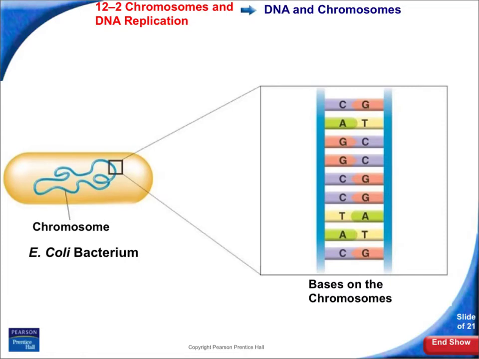We remember that E. coli is a bacteria cell, and they are prokaryotes. So this is an E. coli cell here, and you can see inside there is its DNA. It has a single piece. There's no nucleus, so it's just located there out in the cytoplasm. If we were to look at that little portion of the DNA, this is what we would see.